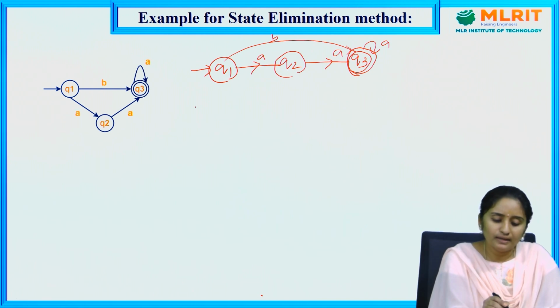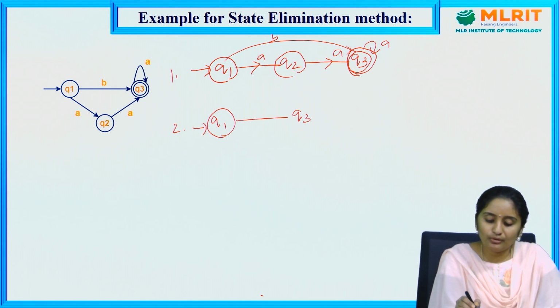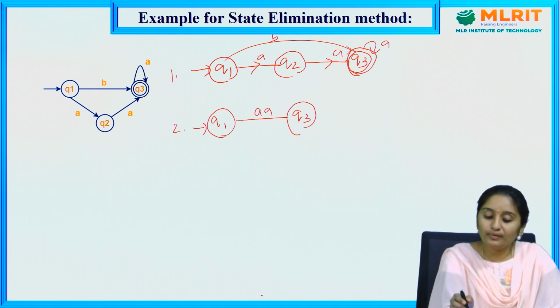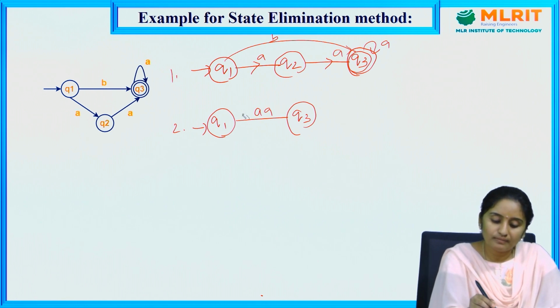I can eliminate Q2, and I am going to have AA, and directly I have B.